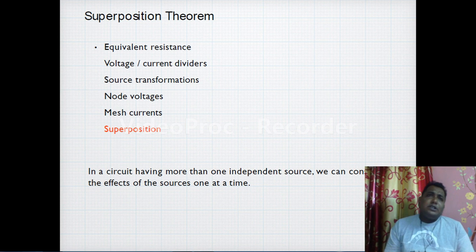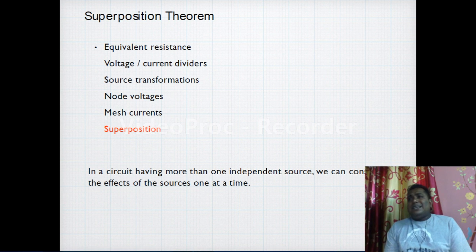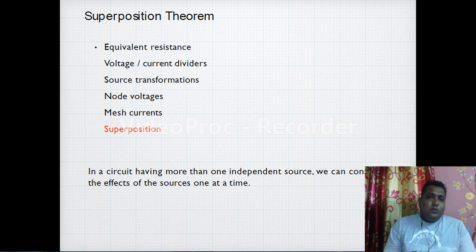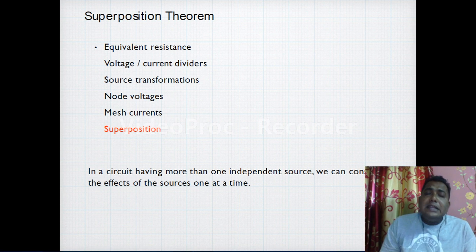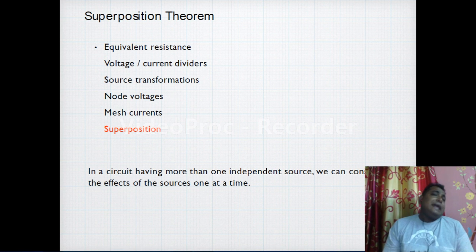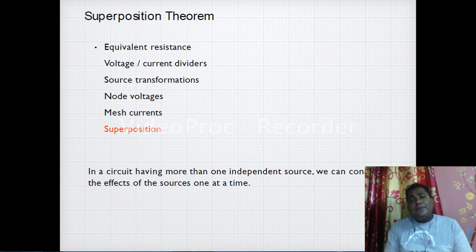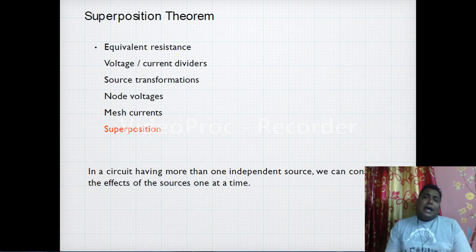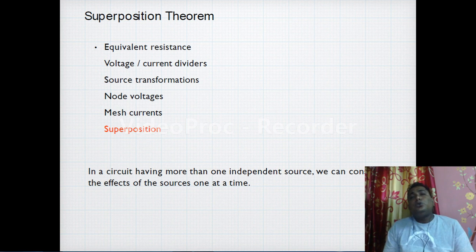That means a circuit containing two voltage sources, or two current sources, or one voltage source and one current source, or a combination of n number of sources. So for applying the superposition theorem we have to remember that the circuit must have at least two sources, and only then can we apply it.